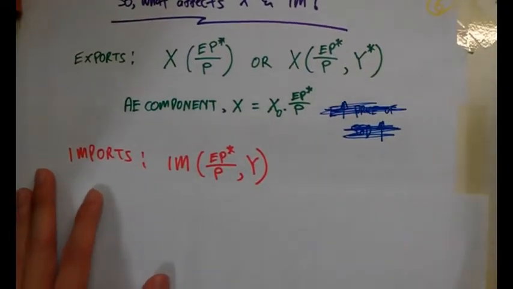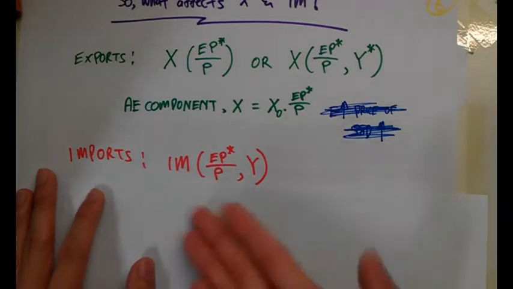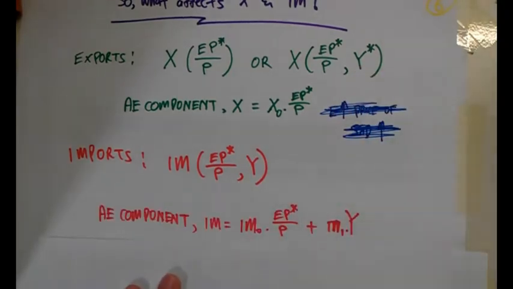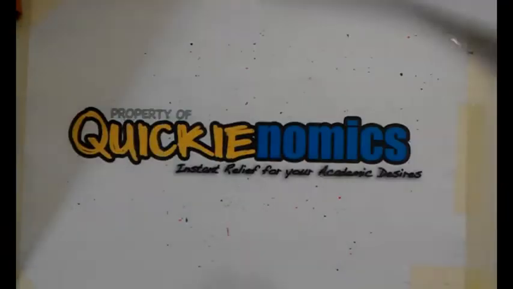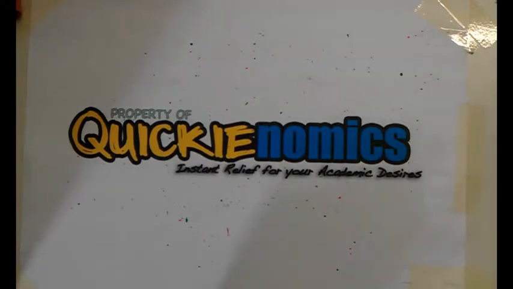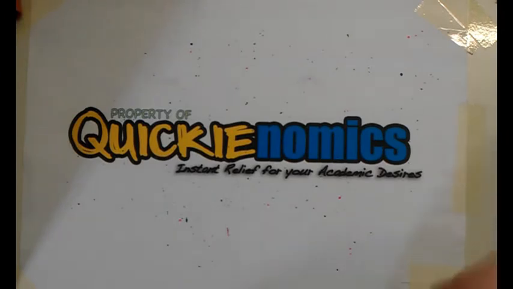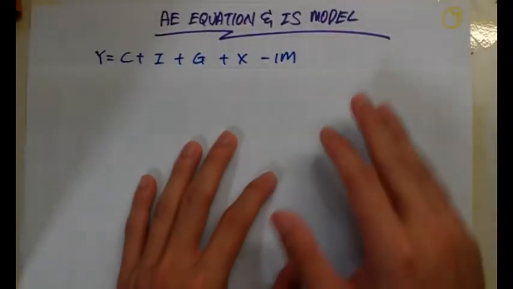Now, our imports are affected by the real exchange rate as well as our income. The more money we have, the more we will import. And this is the AE component for imports. So now that we are experts on what the AE components are, how to find the equilibrium income, how to find a multiplier, as well as the IS curve, we are going to talk about the AE equation right now.